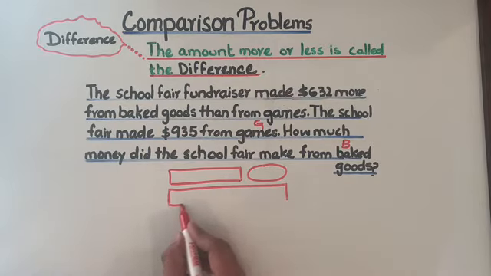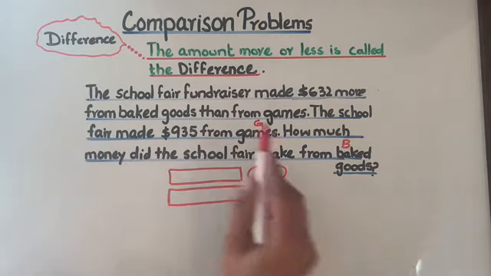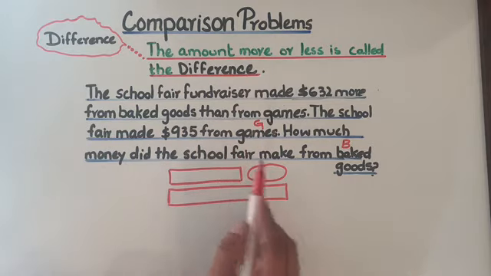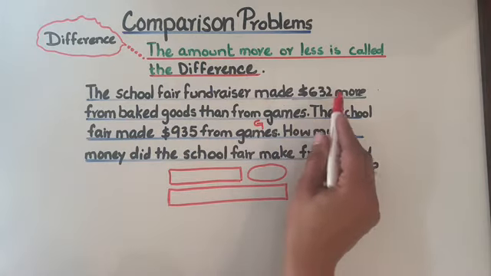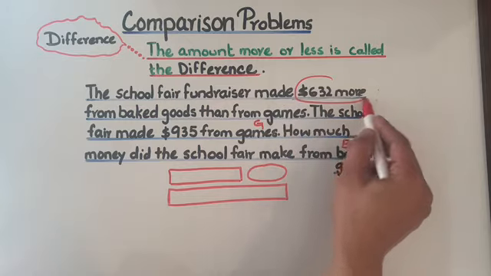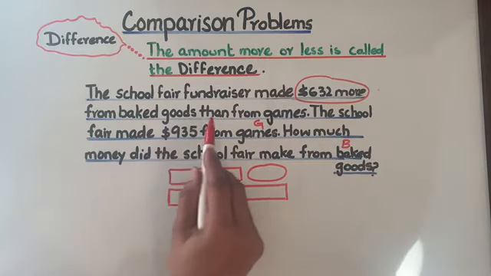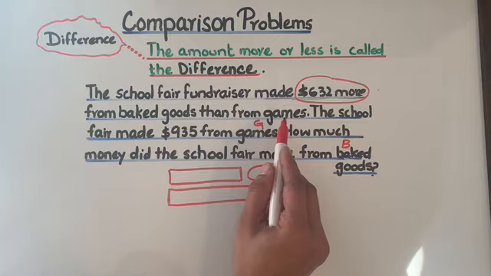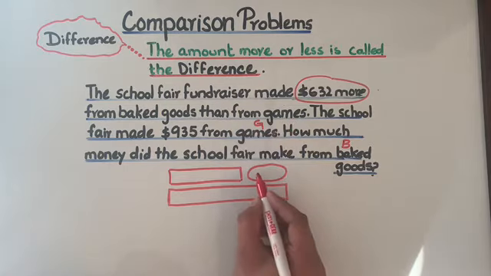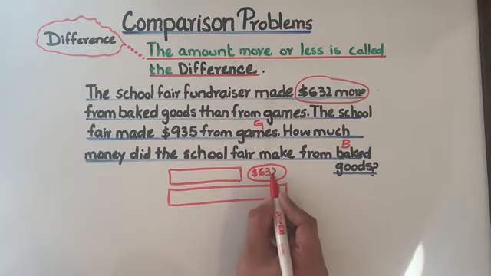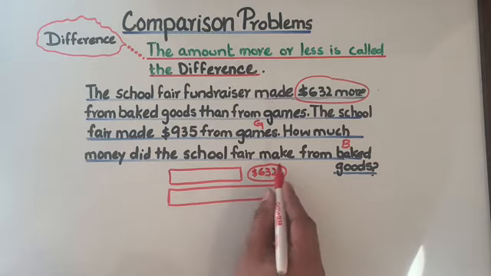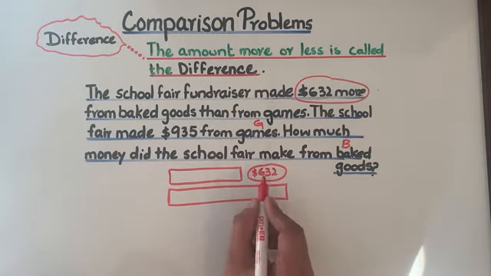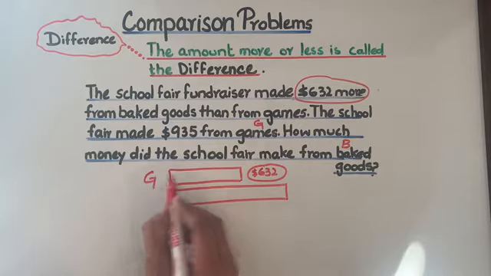Now I'm going to read this problem again, and I will label these bars. The school fair fundraiser made $632 more from baked goods than from games. Now they are telling us the amount for this oval, 632. So the fundraiser made this more amount than from games, so I'm going to use G here.